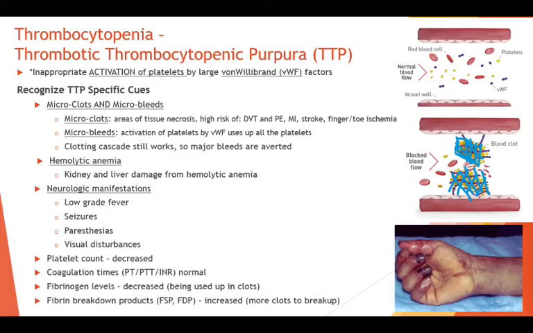So we're using fibrinogen to make these fibrin meshes, and then this clot needs to be broken down. So eventually the body will break down these clots. There's just a lot of them all over the body.